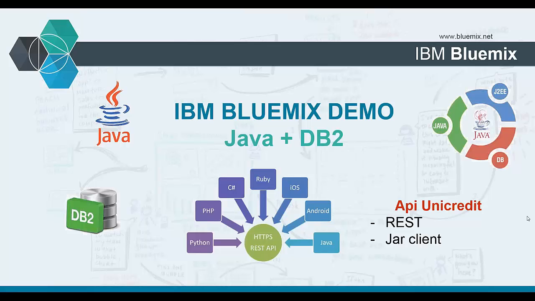Plus the specific Unicredit API that you will be able to utilize will be accessible via REST or via a jar client that you can directly import into your Java project if you choose Java as a platform. But if you use another platform like PHP, Python, Node.js, and so on, you can always call the REST API of Unicredit.